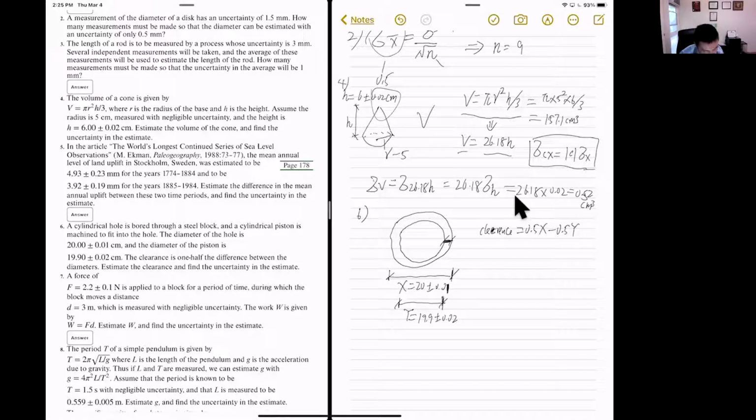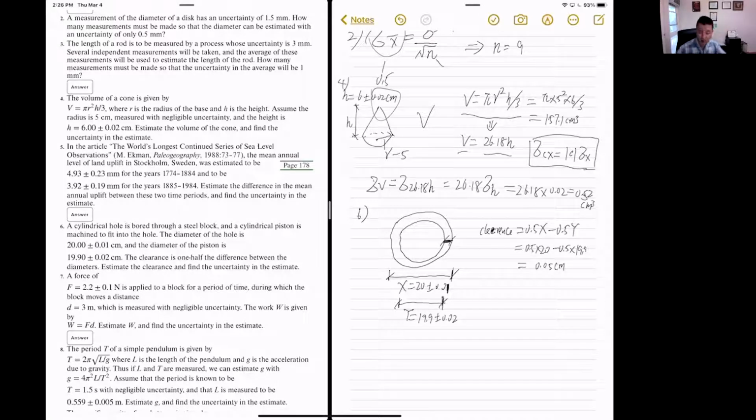So first of all, we can calculate the clearance by plugging in x and y. So x is 20, y is 19.9. Okay. So that's the clearance. Turned out to be 0.05 centimeter.